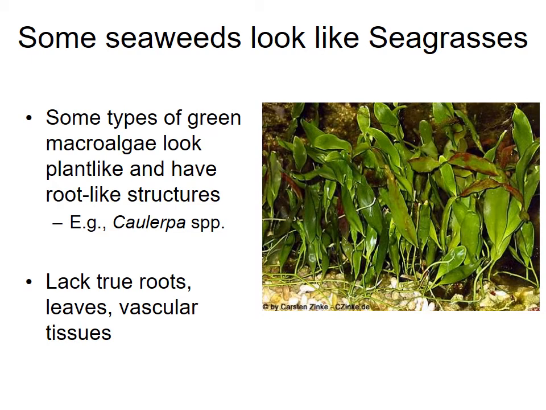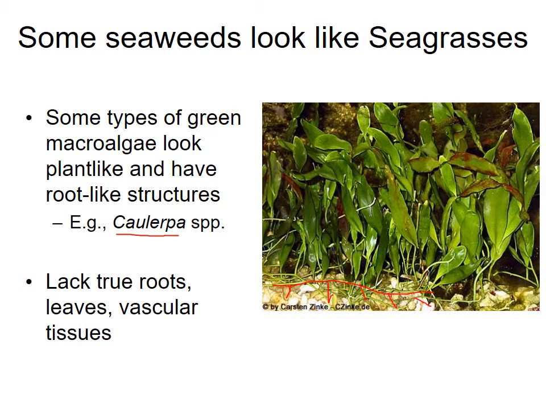So we should be aware that there are some green seaweeds that look a lot like seagrasses and could be confused. One genus of algae in particular, Caulerpa, has green leafy structures that often look like blades or fern fronds, and they're attached to a runner that has root-like structures on it.